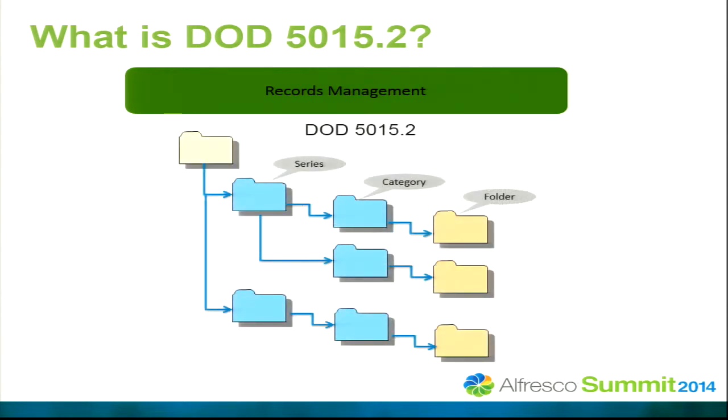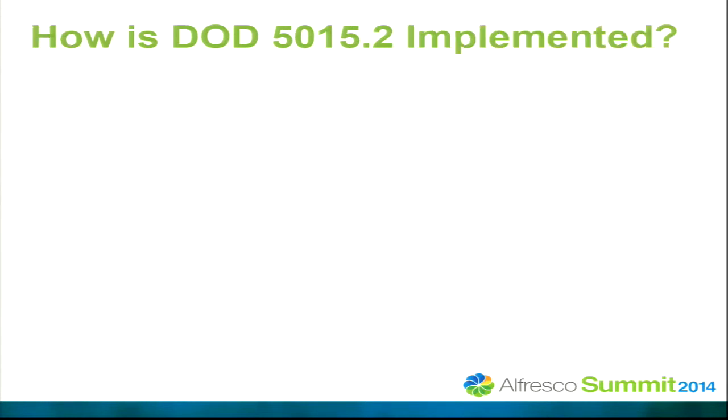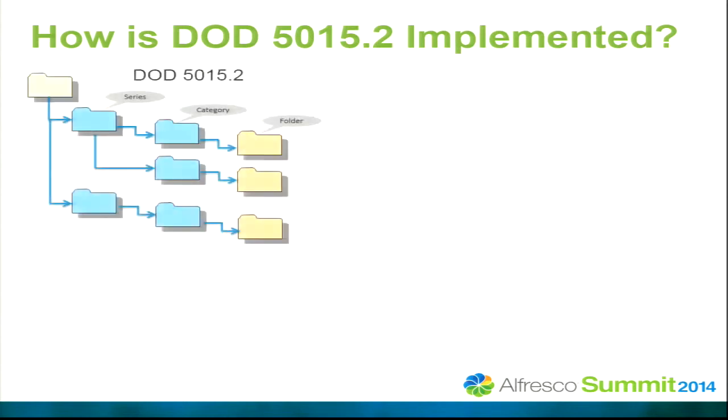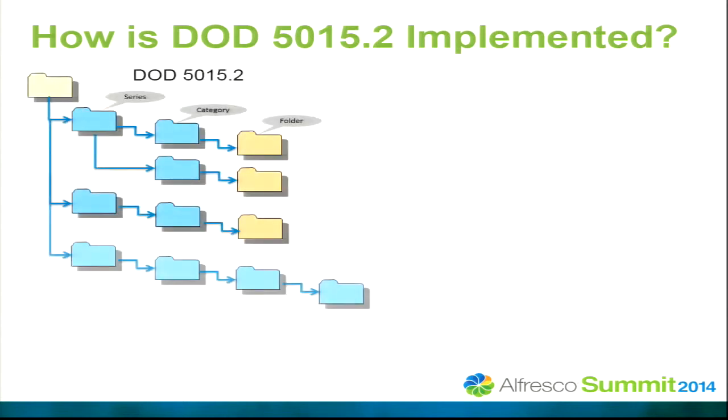So your file plan looks like this in terms of how it's structured. In the original version of records management, that was all you got, just 3 layers of hierarchy, and that's changed now with 2.2. Now you can have multiple levels of categories.